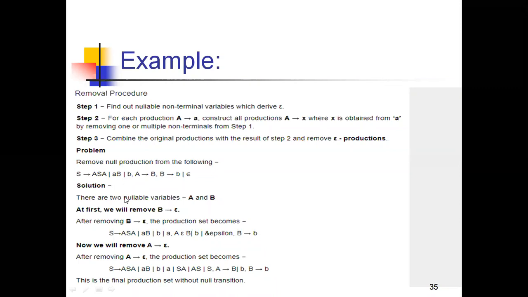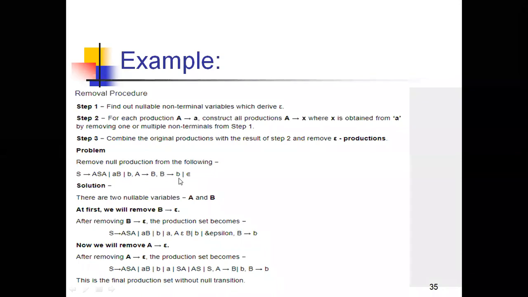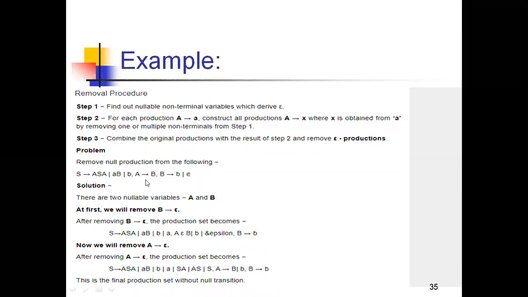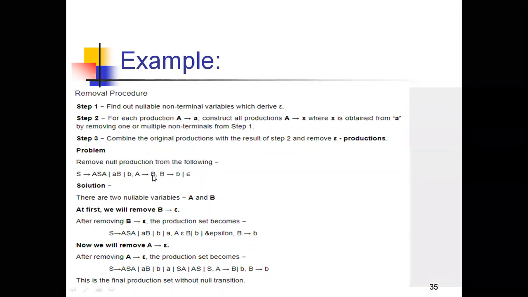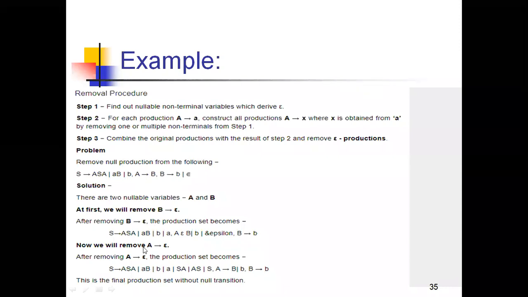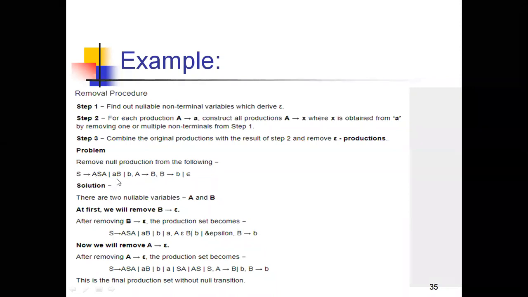So then I need to take it as A. And B tends to B remains. B tends to epsilon we are eliminating, right? And A tends to B: in the place of this B, if I put epsilon, I can remove this A also. So after removing this B tends to epsilon, the production of the set becomes S tends to ASA or AB or A or B. Why do we get this A?